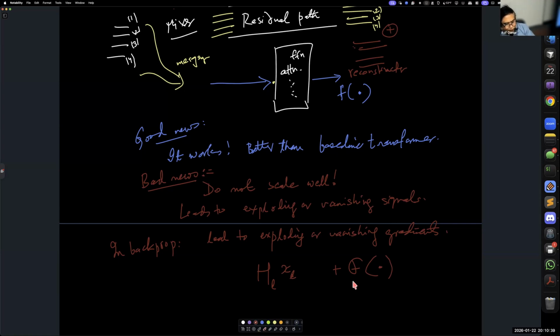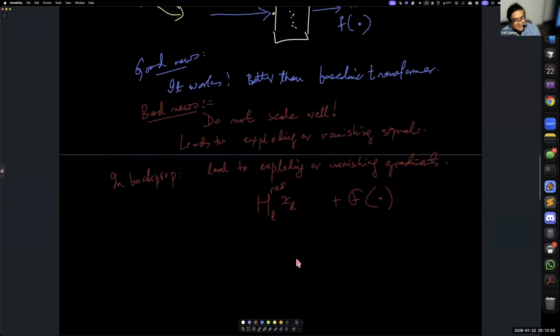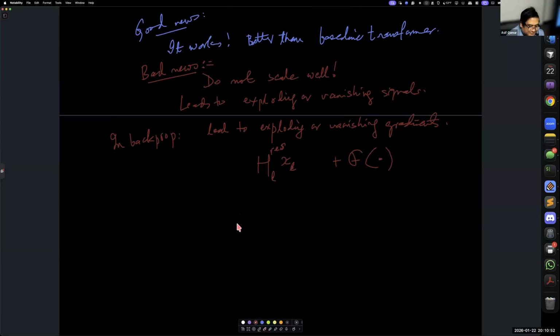The mixer is called the H residual in the paper. Now what happens is, when you go a few layers deep, you realize that the residual channel is developing a signal that looks like H1 res times H2 res times H3 res.